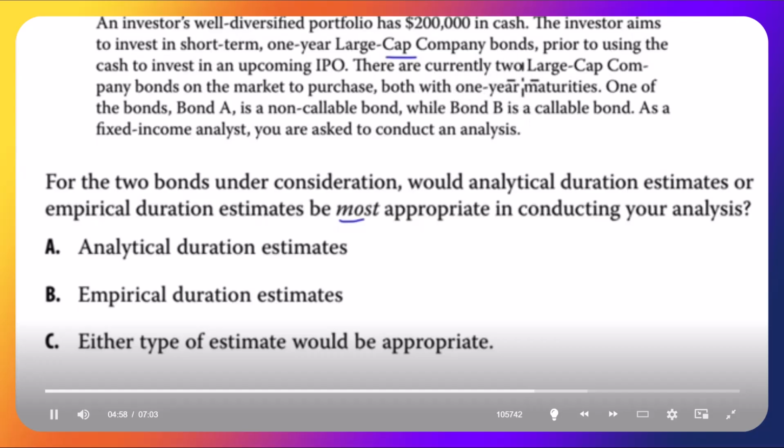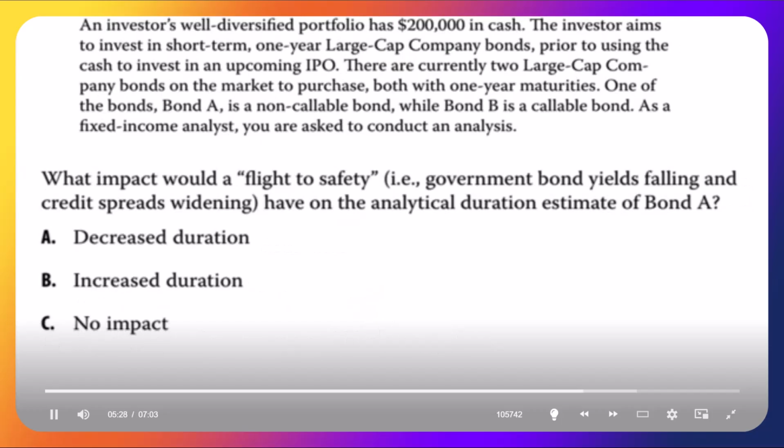So the analytical duration would tend to overestimate the price change with an increase in the curve and underestimate the price change with a decrease in the curve. So analytical duration would probably be the better one. Empirical duration would be better, because this looks at what actually has happened versus what theoretically could happen.